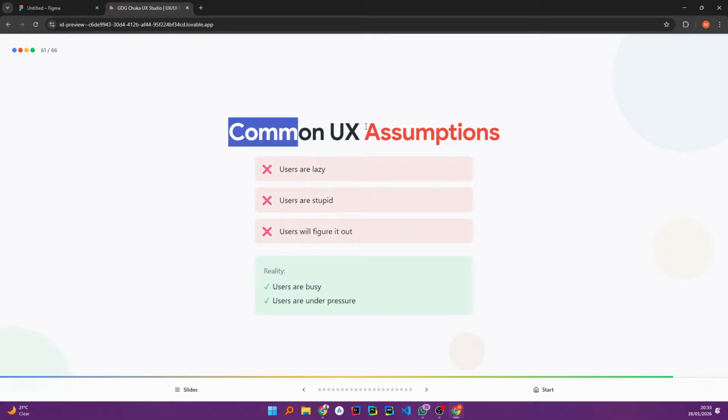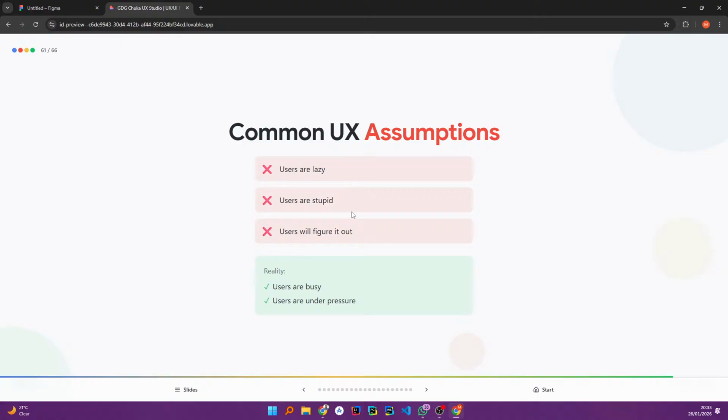So some common UX assumptions are: users tend to get lazy, users are stupid, users will figure it out on their own, or yeah, they'll of course know this feature. It's not hard to know what this icon is used for. And the reality on the ground is usually the users don't know.